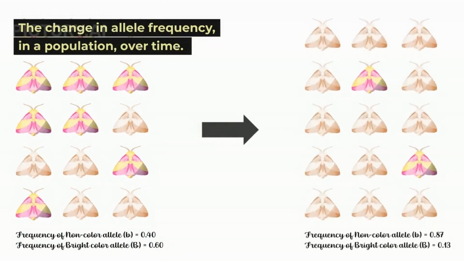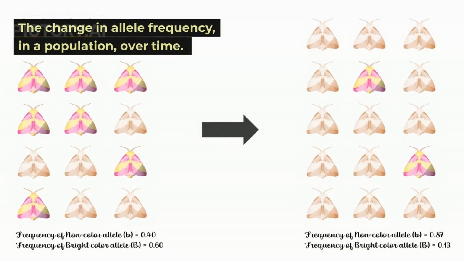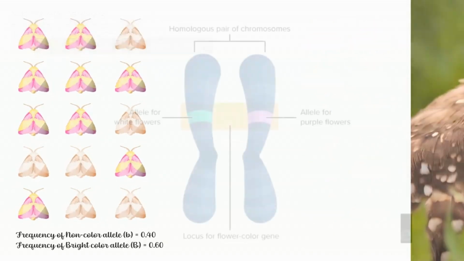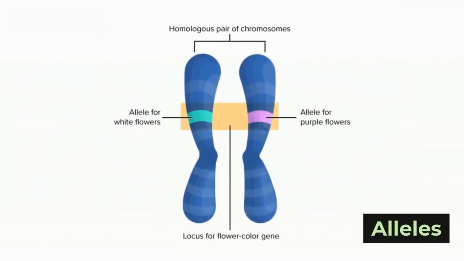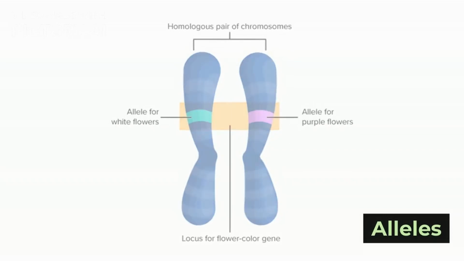So to explore evolution and characterize genetic variation within a population, we can look at allele frequencies. Alleles are alternative forms of a gene, and allele frequencies represent the relative abundance of each allele in a population.